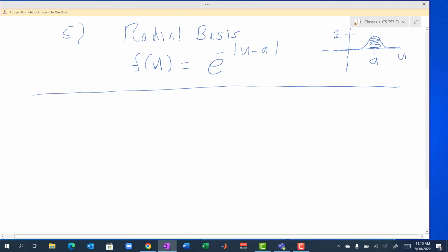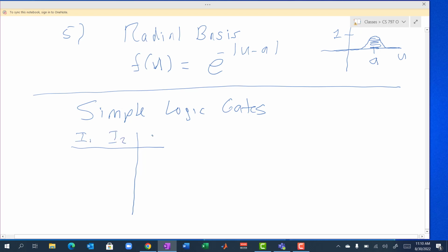All right, the next topic we're going to talk about is some simple logic gate networks. So our logic gate is a 2-input, 1-output logic gate. We're going to list the values. These are binary zeros and ones.